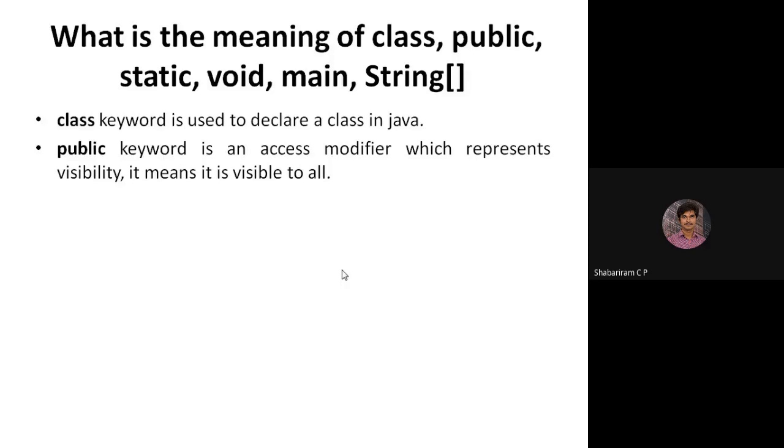One is private, next one is protected, the last one is public. Private is specific to the class. If it is protected, it will allow the access between the classes. If it is public, you can access the data member and method from anywhere. It means that the visibility of your class is for all. You can access it from anywhere.